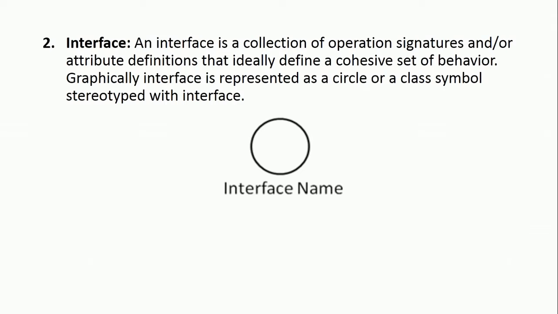Okay. So an interface is a collection of operation signatures and attribute definitions that ideally define a cohesive set of behavior. Graphically, interface is represented as a circle or a class symbol stereotyped with interface. It may be in the form of a rectangle and divided into different sections.